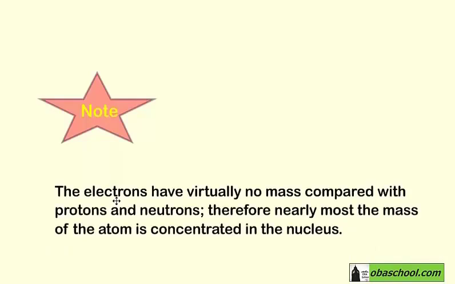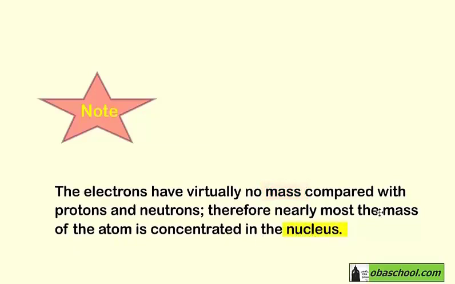There's a note you have to take into consideration. Electrons have virtually no mass compared with protons and neutrons. Therefore, this means that mass of electrons is much less than the mass of protons and neutrons. Therefore, nearly most of the mass of the atom is concentrated in the nucleus.